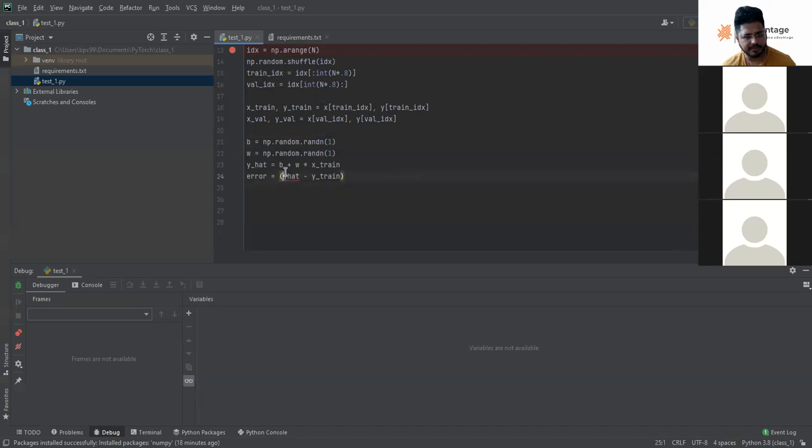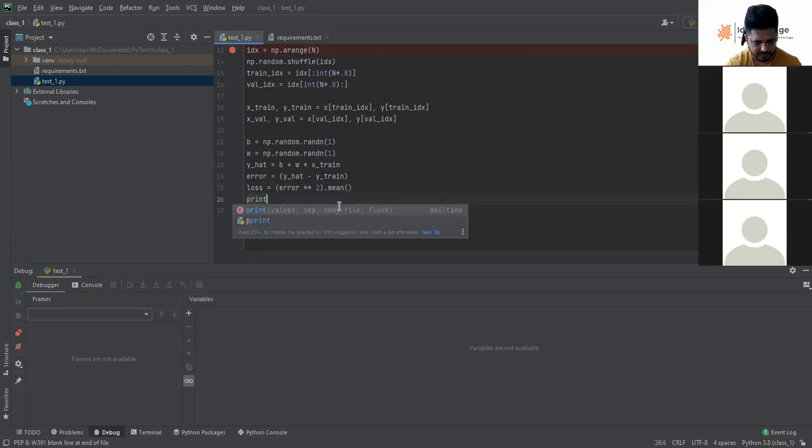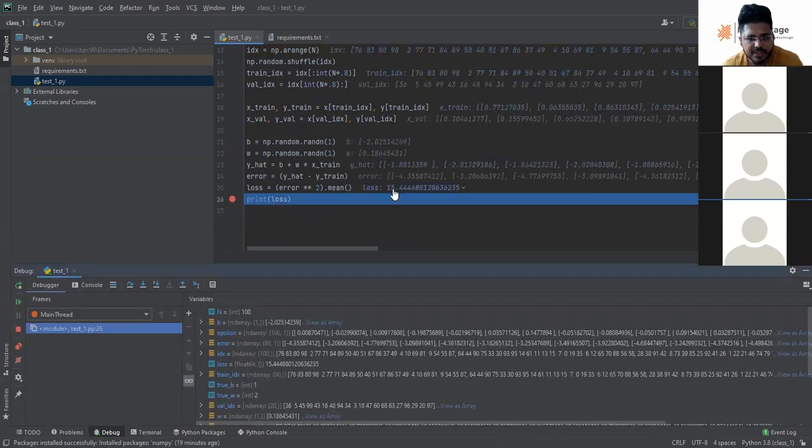Error is equal to y hat minus y train. Loss is equal to the mean of error squared. And print the loss. So the loss is 15 here.